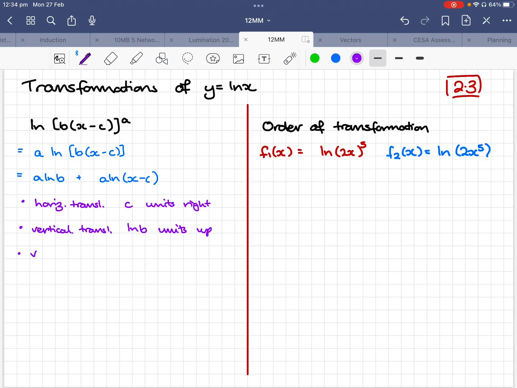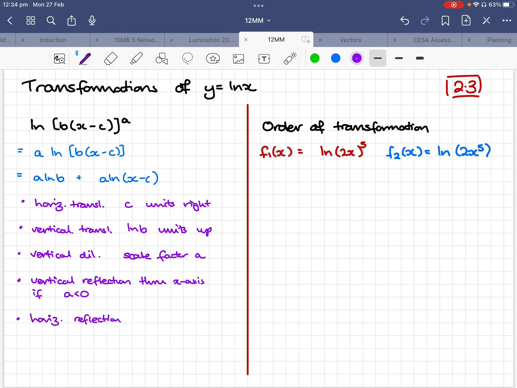Continuing on, we have a vertical dilation through a scale factor of A. Finally, a vertical reflection through the x-axis if our value for A is negative, or a horizontal reflection through the y-axis if B is negative, through the y-axis, or the line x is equal to C if we've already got a horizontal translation.